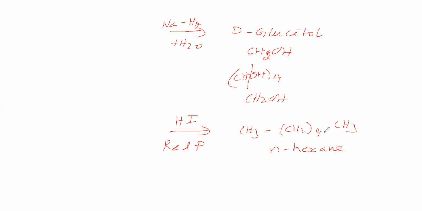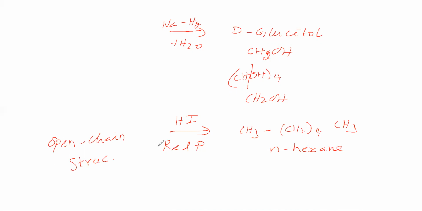This n-hexane is a straight chain compound, which indicates that glucose has an open chain structure. n-Hexane contains 6 carbons all attached in a straight line, with no branch at all. That means in glucose also all the 6 carbons are attached in a straight chain.